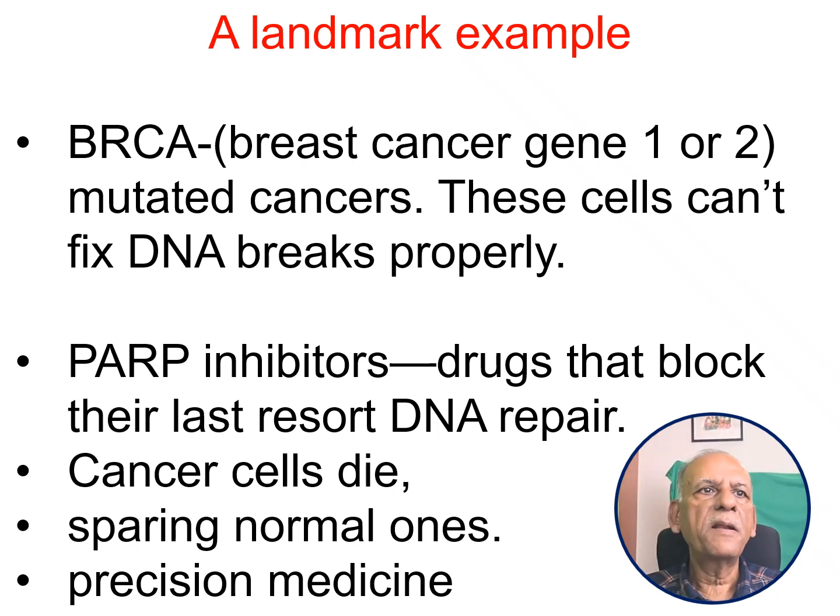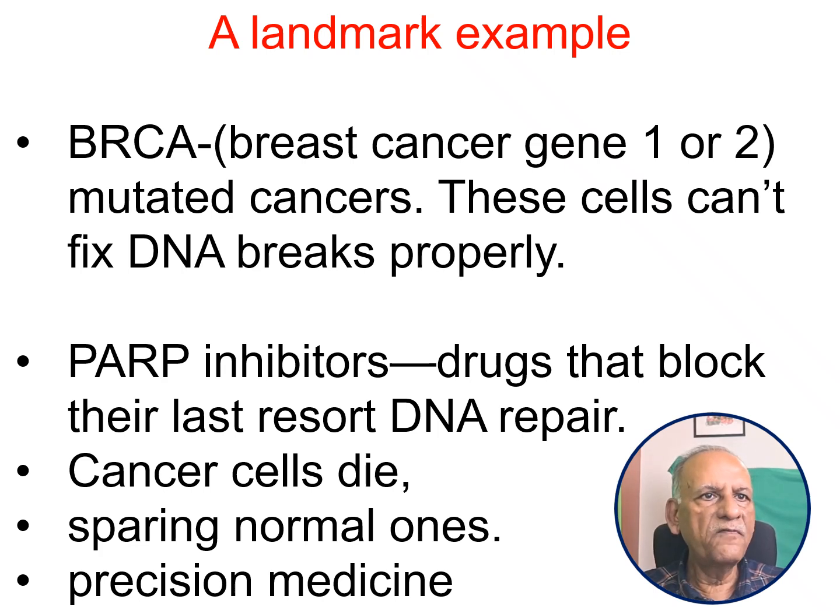That is where this synthetic lethal concept helps. For example, breast cancer gene 1 or 2 is usually mutated in breast cancers. These genes are also involved in DNA repair mechanisms.